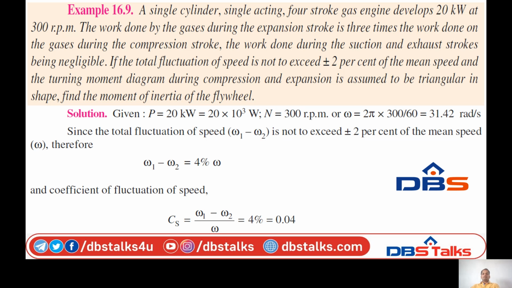So if the total fluctuation of speed is not to exceed plus or minus 2% of the mean speed and the turning moment diagram during the compression and expansion stroke is assumed to be triangular in shape, find the mass moment of inertia of the flywheel.